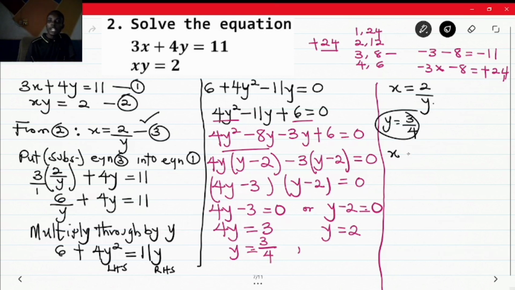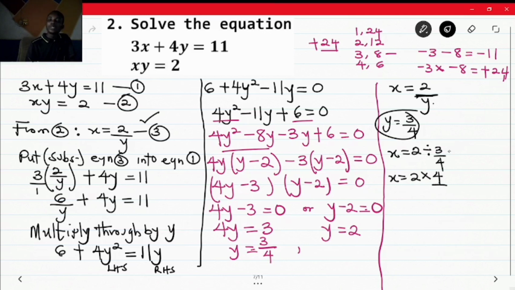I have x equals to 2 divided by 3 over 4. Where did I get this from? It's from this dividing line, this division line. So 2 divided by y, 2 divided by 3 over 4. So you know our basic fraction says when we turn this to multiplication, this will be inverted.